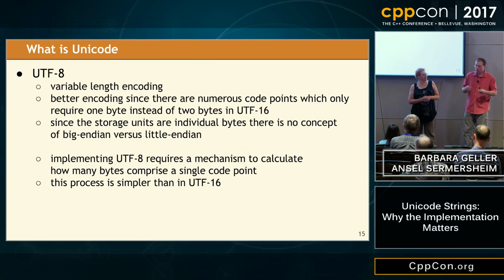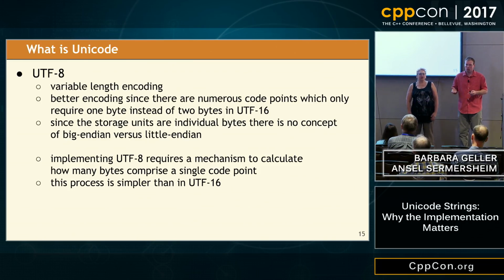So I've alluded to UTF-8 in several points previously. UTF-8 is a variable length encoding. It's capable of representing every code point in the Unicode standard in a sequence of 8-bit storage units. And it has a lot of very nice properties. For one thing, if you're working with ASCII text, then the encoding is the identity encoding.